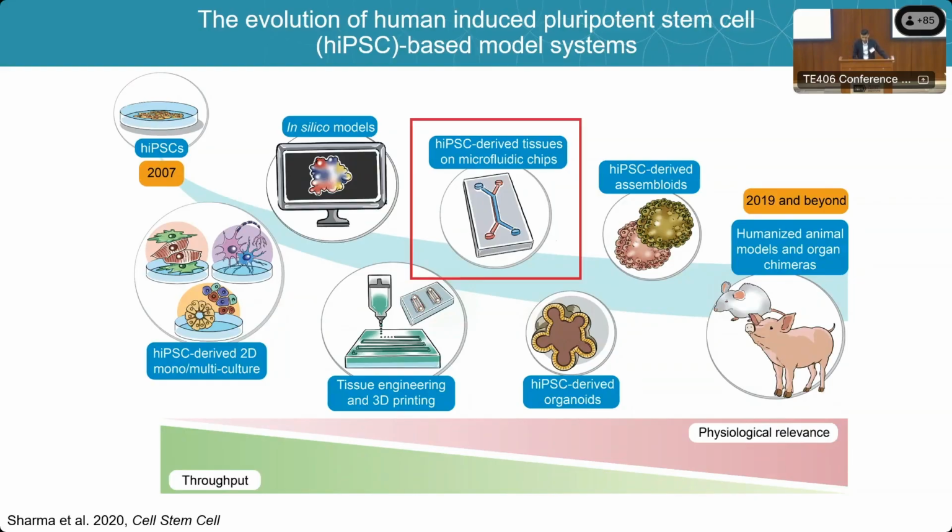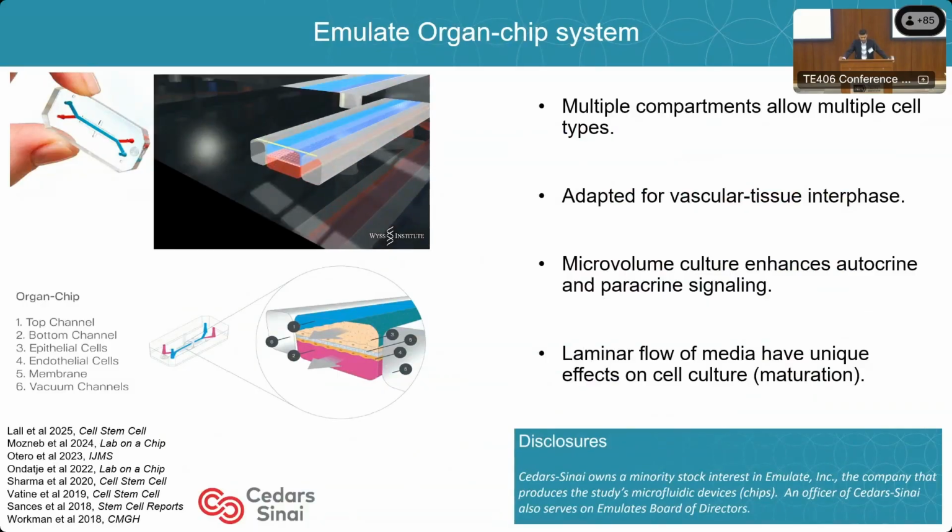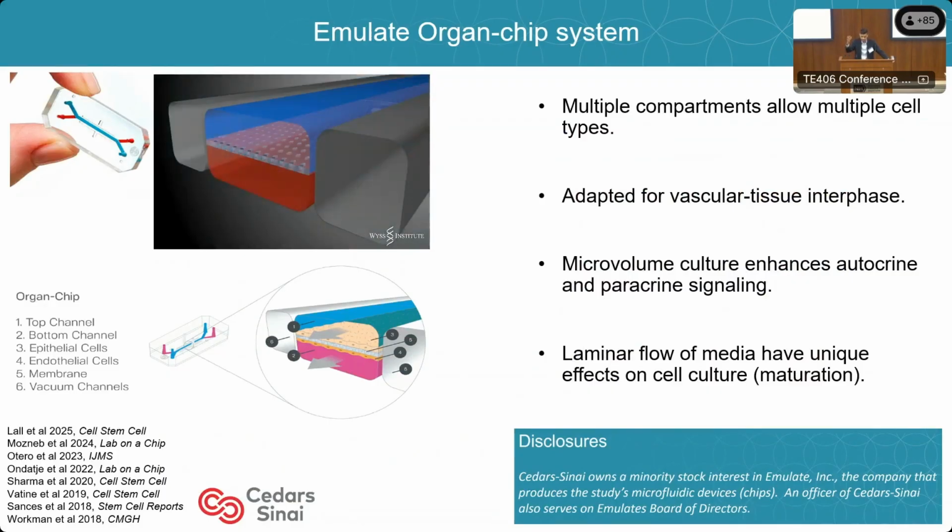Now, our laboratory and our institute has done a lot of work using microfluidic chips and organ-on-chip systems over the past 10 years or so, and I'll highlight some of the studies here. A number of these studies have been conducted within the confines of the Emulate organ-on-chip system, which has been alluded to already during the symposium.